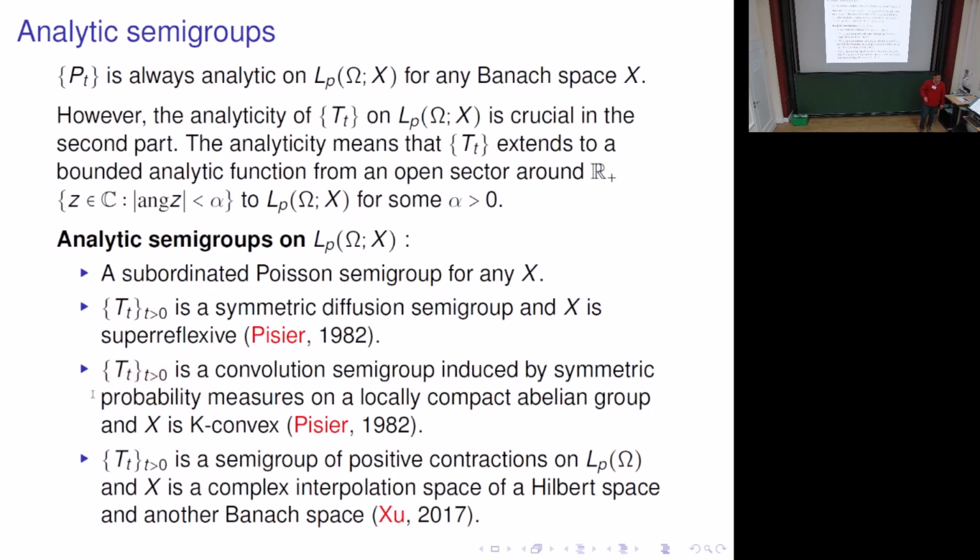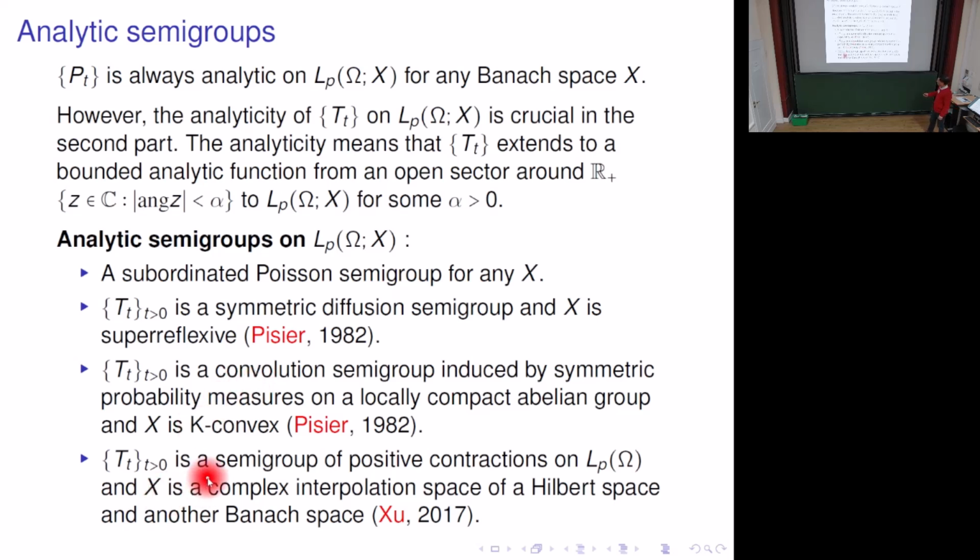K-convex means that X has a non-trivial type, so it is of type p bigger than 1. Super-reflexivity implies this K-convexity. So now the geometric condition is weaker.